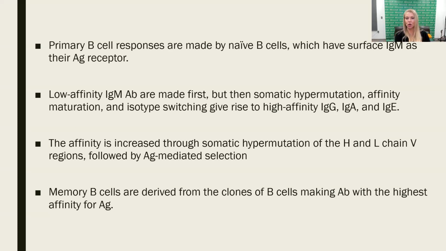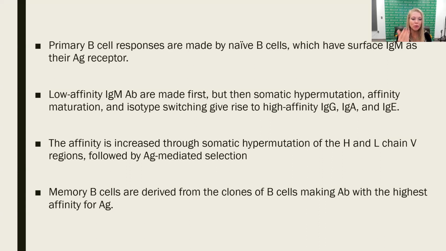Then that B cell had to go through some processes. It had to go through somatic hypermutation to create a better antigen receptor with higher affinity. And it had to go through affinity maturation, where the clonal deletions occurred for those that did not create as strong or high affinity antibody specificity, or rather, those clones that made the highest affinity antigen receptor were selected for expansion.